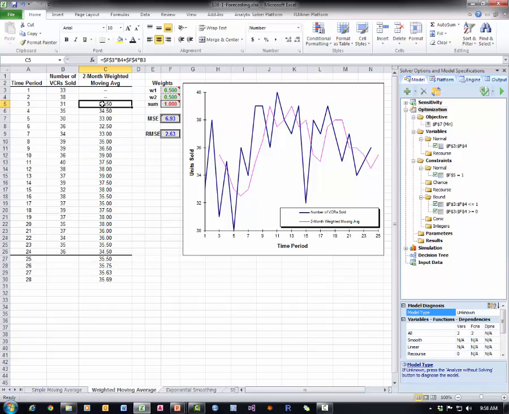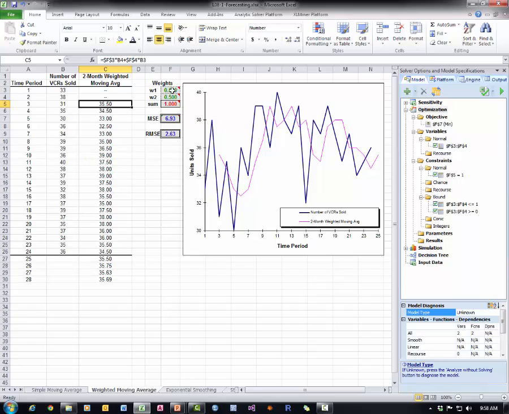So W1 is 1 time period back, so it's 38 multiplied by W1 plus 33 multiplied by W2. Please make sure that you do that correctly. A lot of you in your exams put W1 times your first time period plus W2 times your second time period. Please don't do that. It's backwards from the time you want to forecast, okay? So make sure you do that.